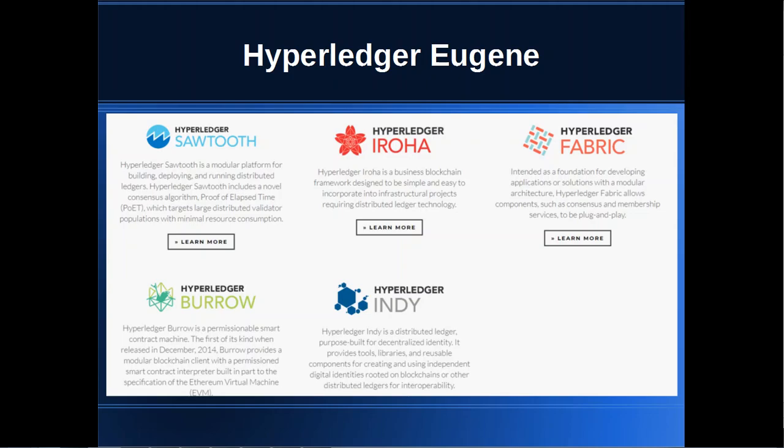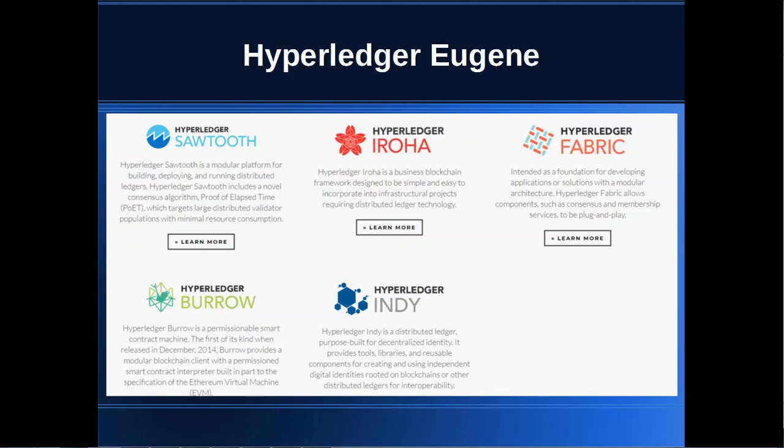But HyperLedger itself is a consortium, is a good word, of different projects, and I'll run through them quickly here. The two main blockchain projects that are up to version 1.0 are Fabric, which we're going to talk about tonight, and Sawtooth. They're both different, just as every other project in the HyperLedger consortium is.